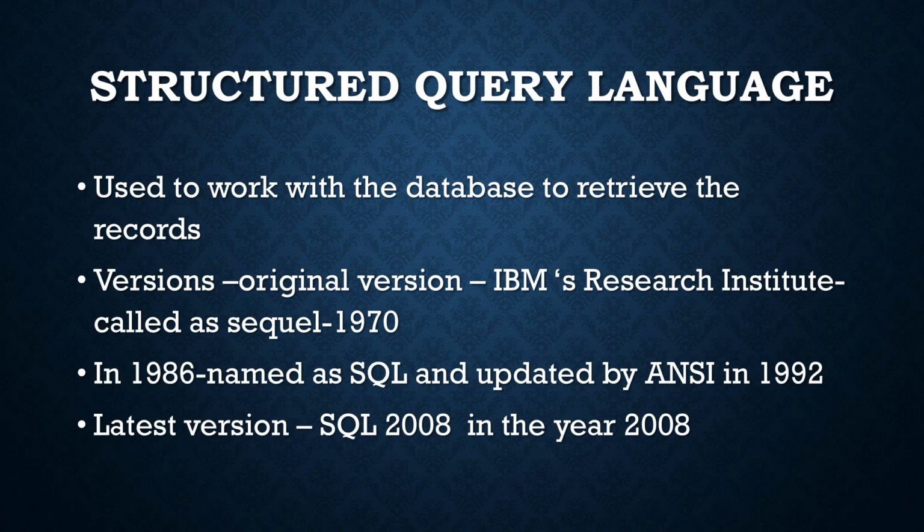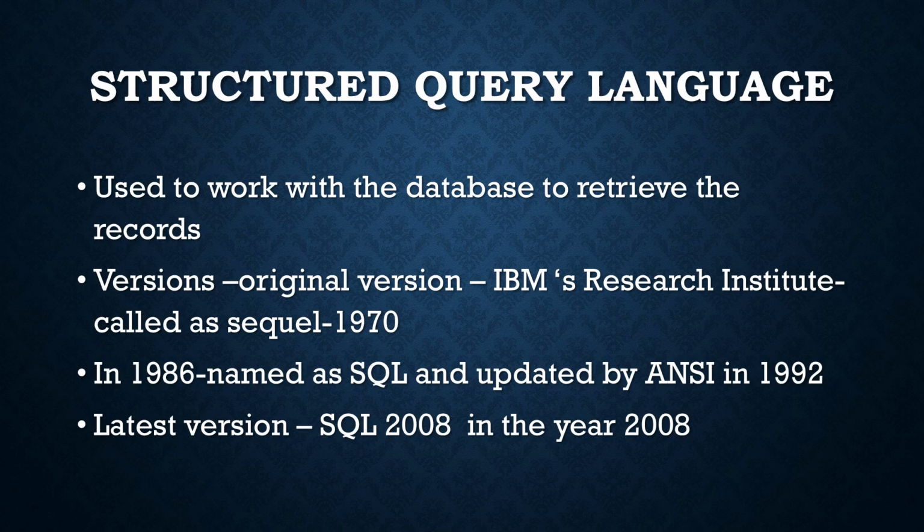When we talk about the versions of SQL, the very first version was developed at IBM's Research Institute in the year 1970. It was called SEQUEL. After that, in the year 1986, it was named SQL, and it was updated by the ANSI standard in the year 1992.